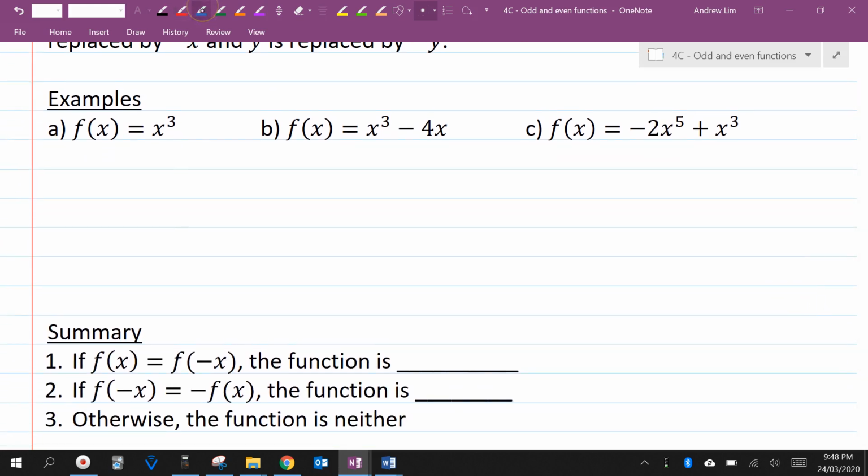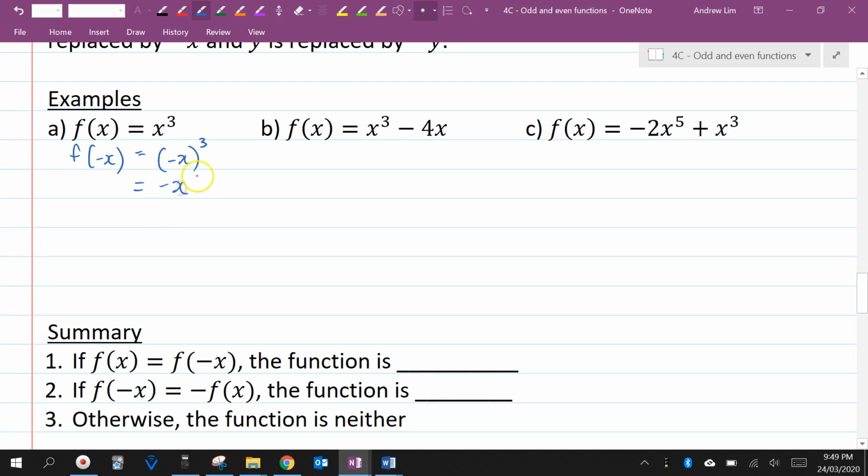Here we have f of x is equal to x cubed. Well, what is f of negative x? Before we work out what f of negative x is, I just want you to keep doing the same thing. We're just going to replace x with negative x. And because a negative is raised to an odd power, the answer will be negative.